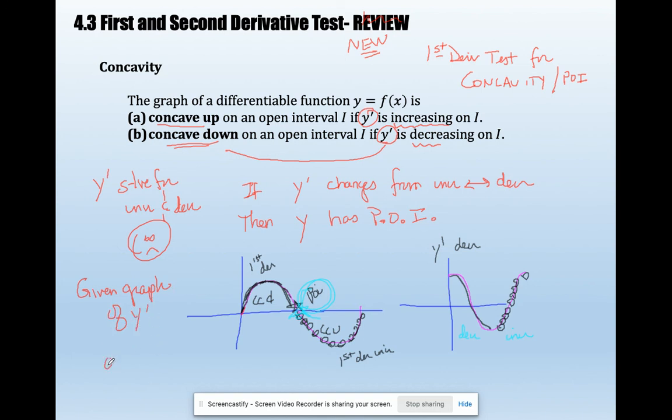I can see with my eyes where the first derivative is equal to 0 and changes from positive to negative. I can see where the first derivative changes direction.